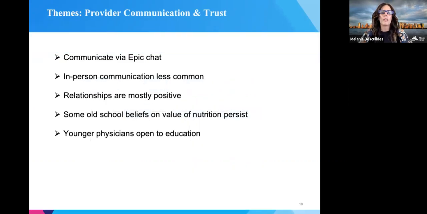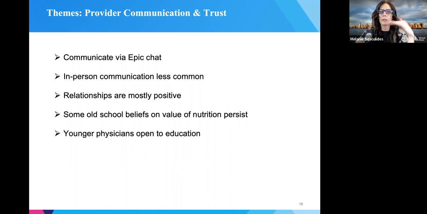So another theme that we came up with was provider communication and trust. And we actually learned that most of the communication between the registered dietitians who do the assessments and give the diagnosis, and then the provider, in New York State, a physician actually has to give the formal diagnosis for payment for the ICD-9 code.